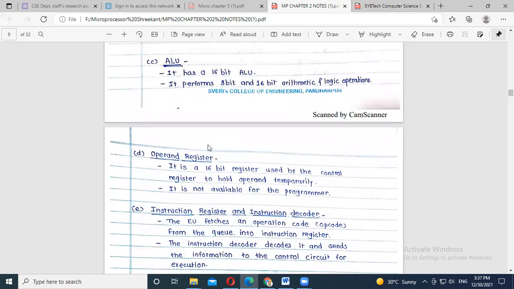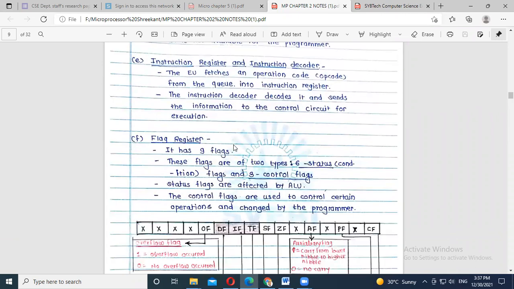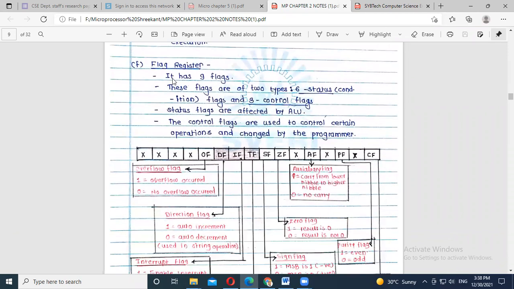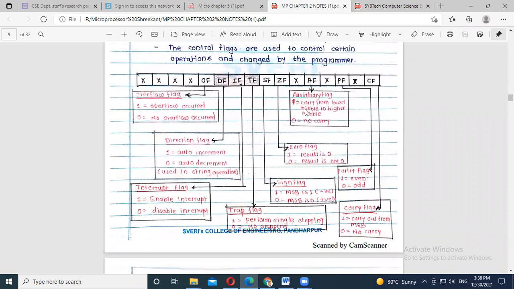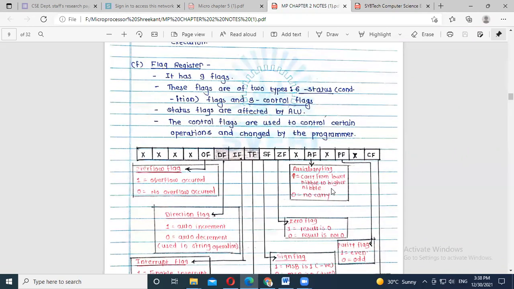Along with the execution unit and bus interface unit in the architecture of 8086, we need some very important flags. Flags means either in the high state or in the low state, whichever is going to be enabled. That is the flag register. In the flag register, there are totally 9 types of flags.